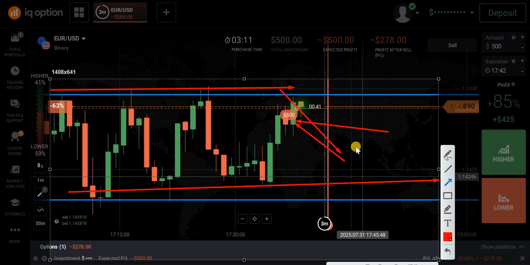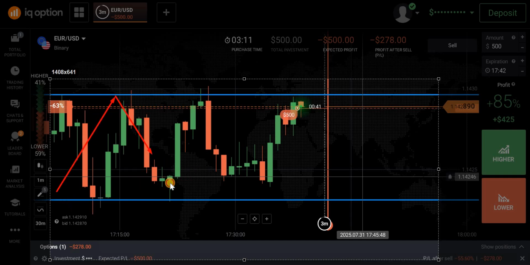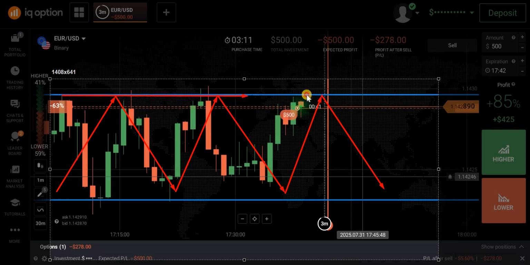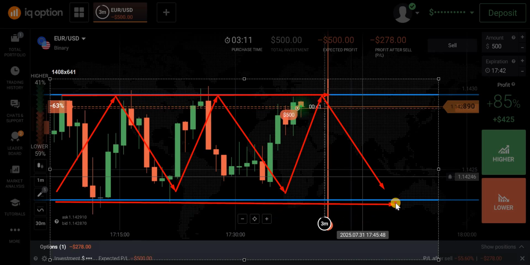The market condition is showing that price moves up, down, up, down, up, down, right? Now the key level is showing that whenever price comes to this up, it goes down. Whenever price comes to this down, it goes up, which is your resistance, and this is your support.